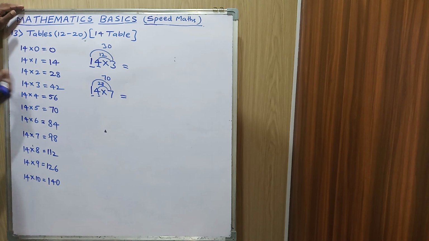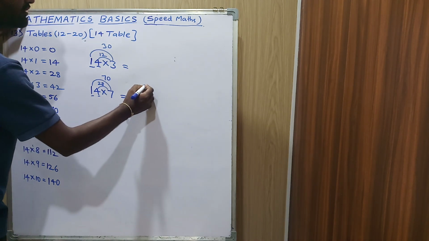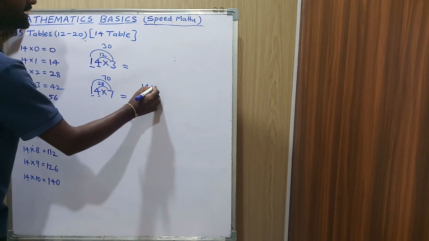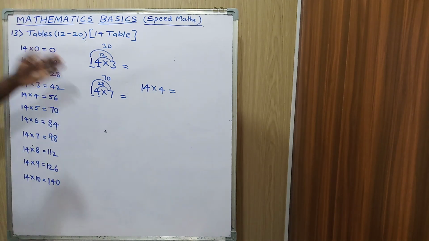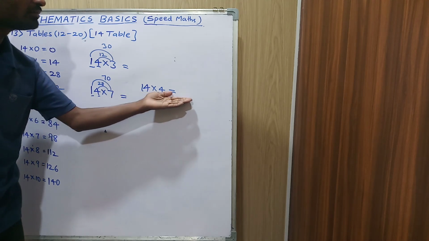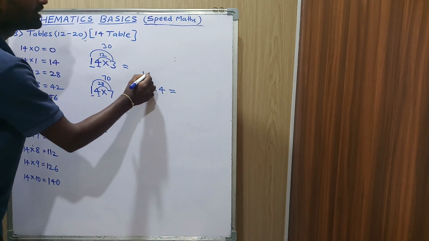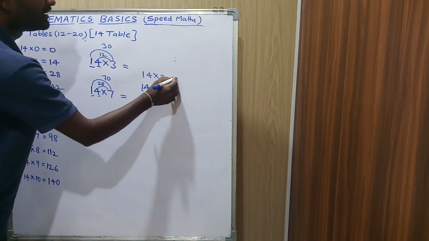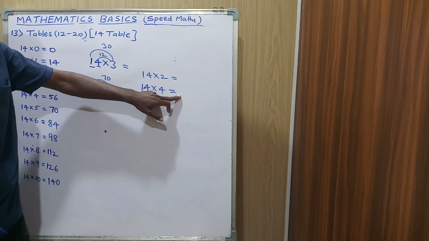Now let us analyze. For example, while you are doing simplifications, you encounter 14 into 4, how much? If you don't know 14 fours, that doesn't matter at all. Just think about what 14 twos are. Because if you double the 14 twos answer, you will get the 14 fours answer.